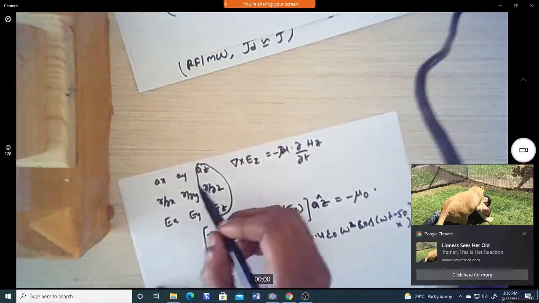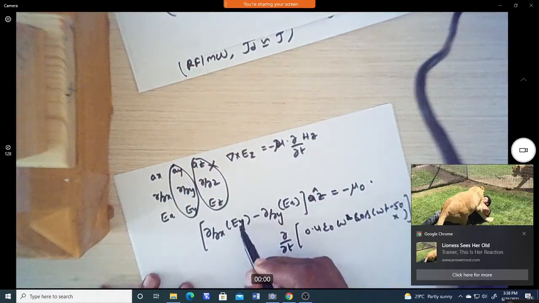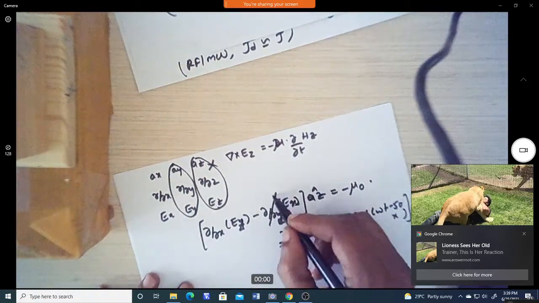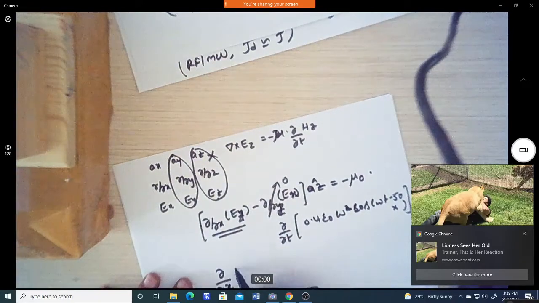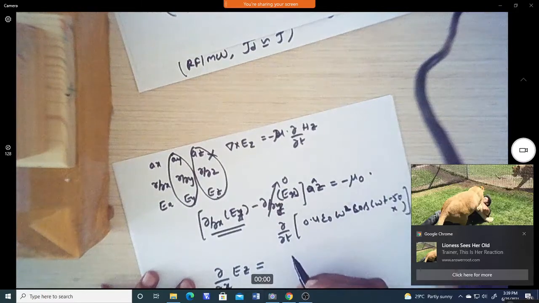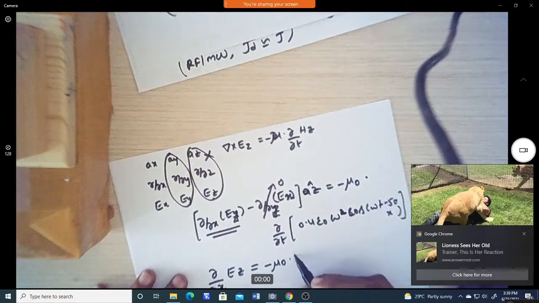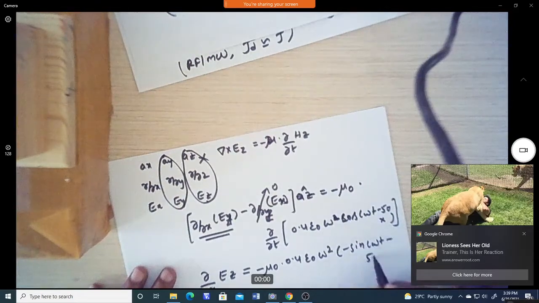Sorry, whatever we took earlier is correct, that is del by del x of ez and del by del z of ex. So this will go to 0, the ez component is remaining, that is del by del x of ez, which is equal to the differentiation of this, that is mu naught into 0.4 epsilon naught, omega square into minus sine of omega t minus 50x.